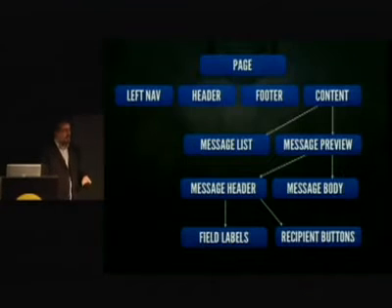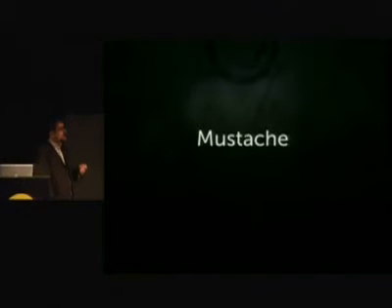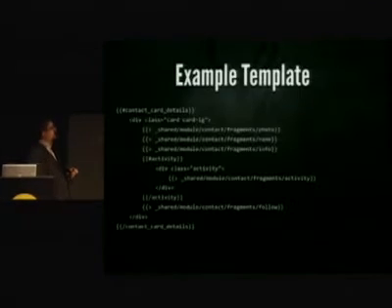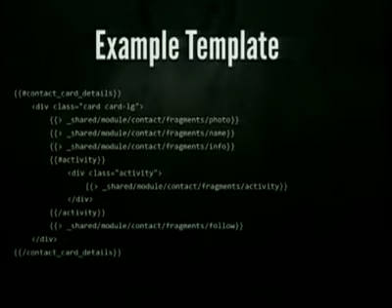We actually build out our system using a templating language called Mustache. The reason why we chose Mustache was because it is a very straightforward syntax. I'll show you an example of that. So in this example, the double curly braces indicates a mustache variable or a mustache block. The advantage of this is that it is language agnostic.